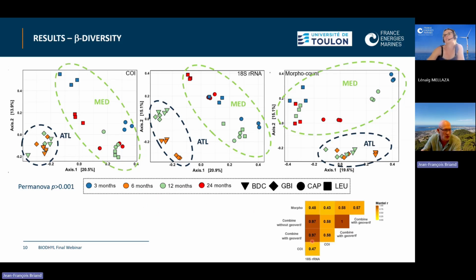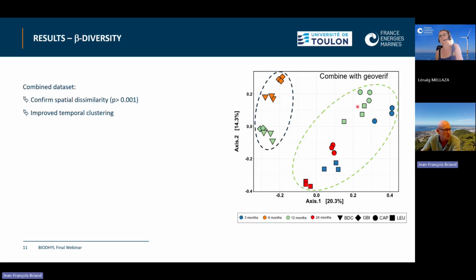And we made a correlation between these patterns with the Mantel test, and you can see that the values are not very good. And that means that there is not exactly the same repartition of the community.